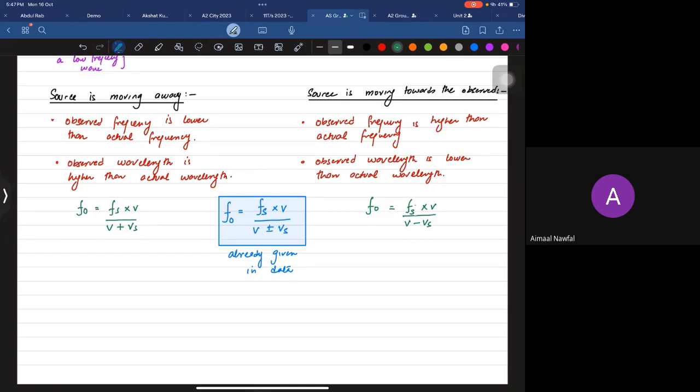Is it clear? Yes. But what is Fs? I'm going to write all these terms. In this one, F naught is called the observed frequency. V is the speed of the wave.